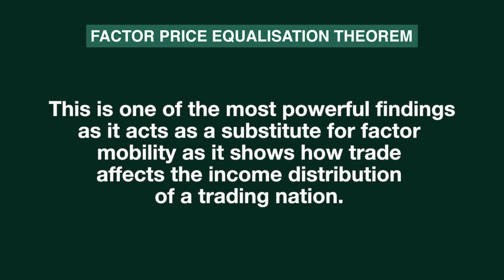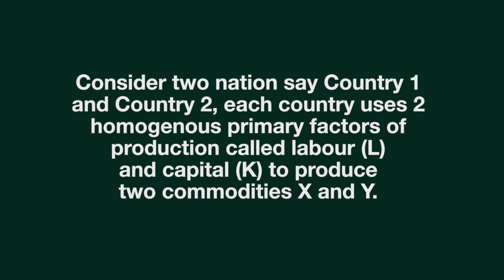This is one of the most important findings of the Heckscher-Ohlin theorem, as it shows a substitute for factor mobility between countries. Now, to understand this, we consider two countries, country 1 and country 2.